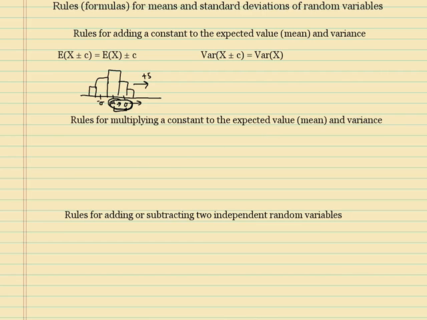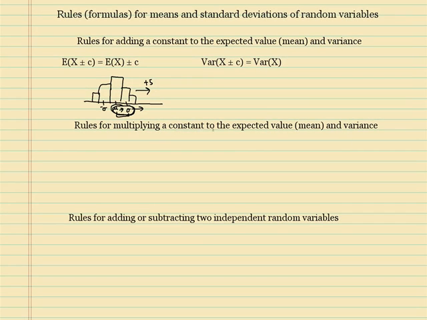Rules for multiplying a constant to the expected value, which is the mean of the random variable, and the variance. This is the expected value of some constant times the random variable.